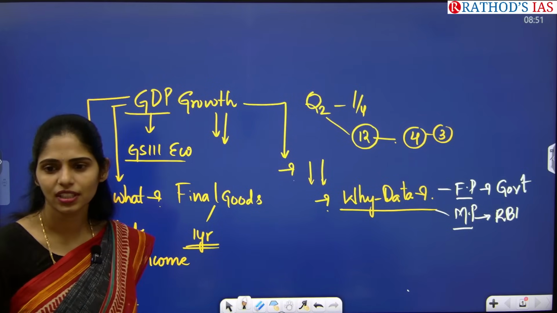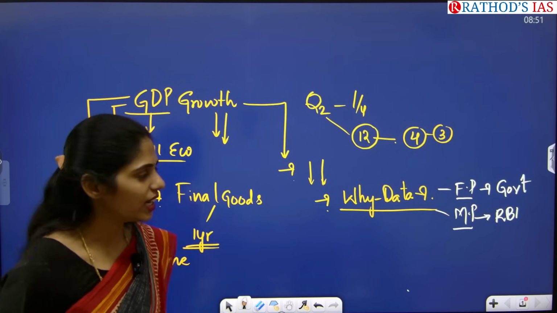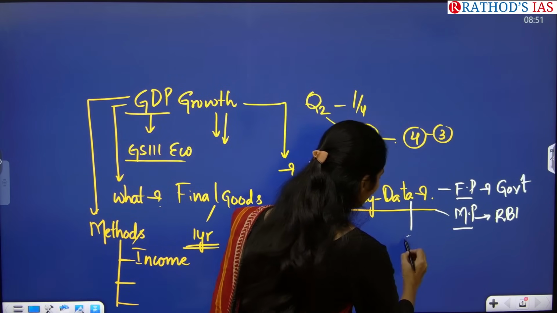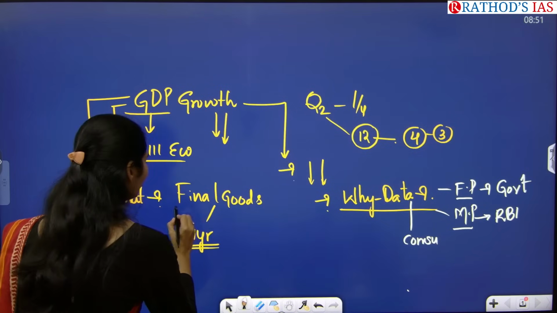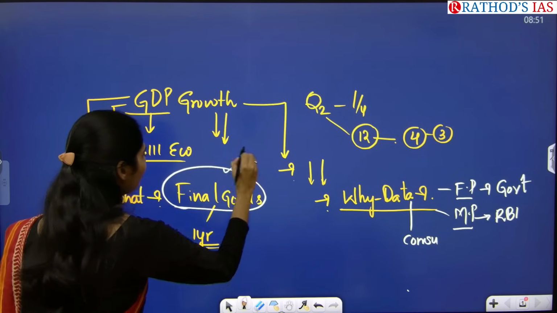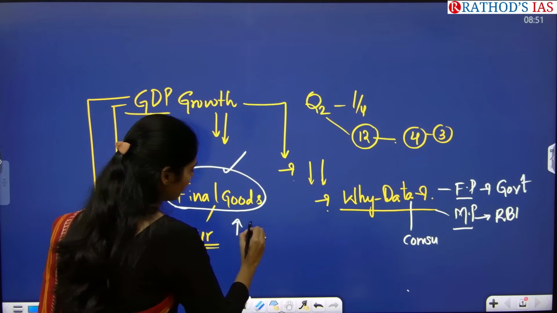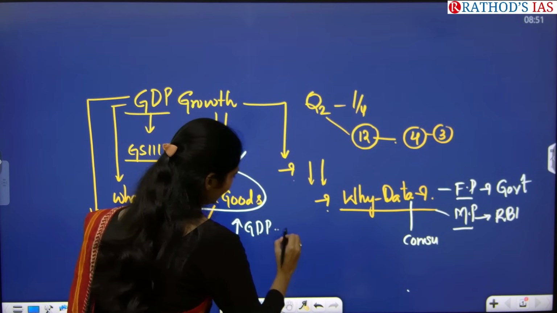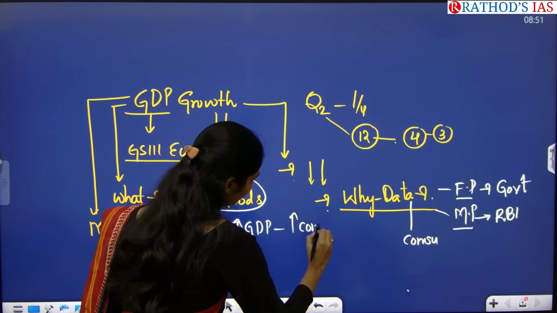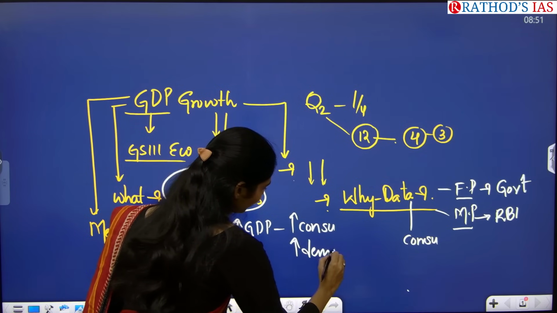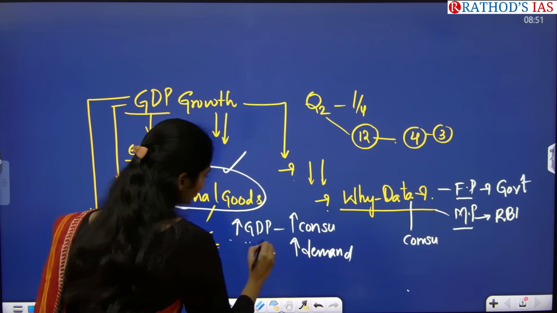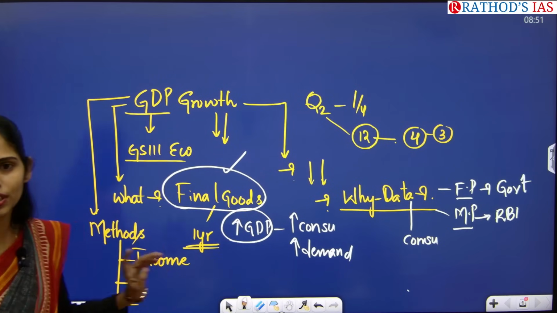Apart from this, we need to understand how consumption is happening, right? Whenever we call it the total value of final goods, when the GDP will be increasing, whenever there is huge consumption in the market, whenever there is high demand in the market, what happens? Obviously the production of goods will increase, and that will lead to increasing GDP.